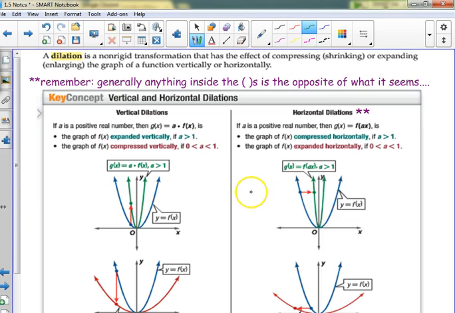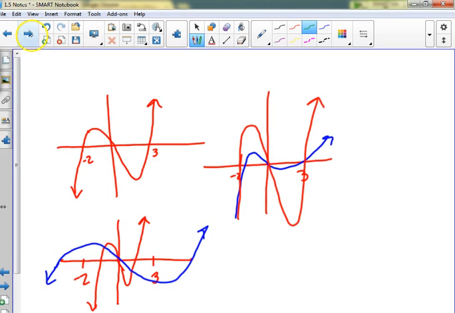Then we're going to talk about dilations or shrinking and compressing. They do the worst example ever here, because parabolas, if you shrink them in, it looks like you stretch them up, right? Same difference. So I'm trying to give you an example here. If you had some weird function like this, I'm going to call this f of x.